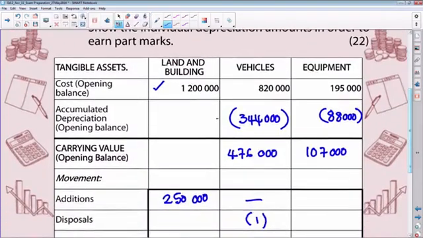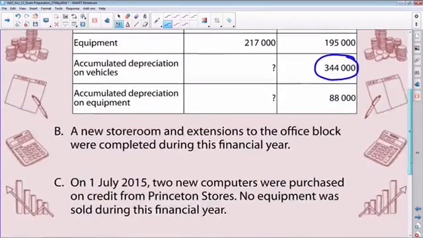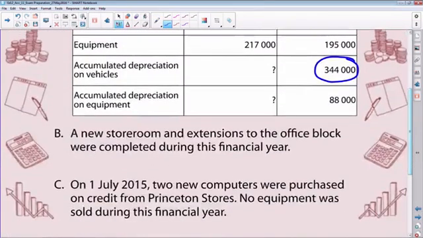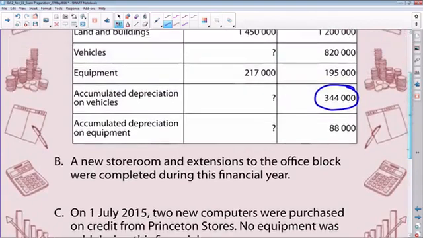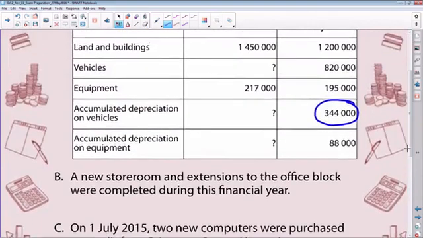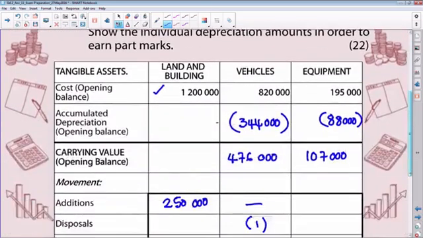Did we buy more equipment? Yes, certainly. Let's look at the information. 2 new computers were purchased on credit. No equipment was sold during this financial year. Okay, right? Then, if we bought 2 new computers, the question that you need to ask yourself is, if new equipment was purchased, then certainly it needs to be indicated in my note to my balance sheet.